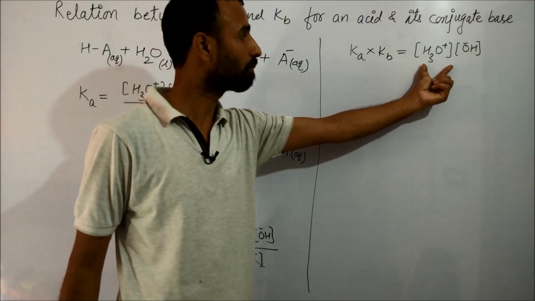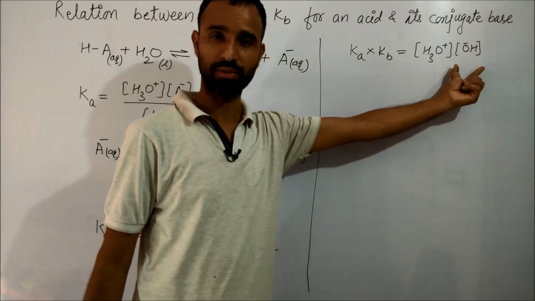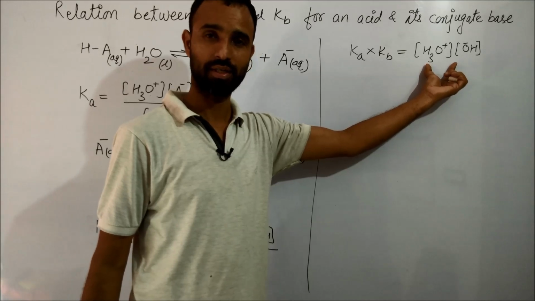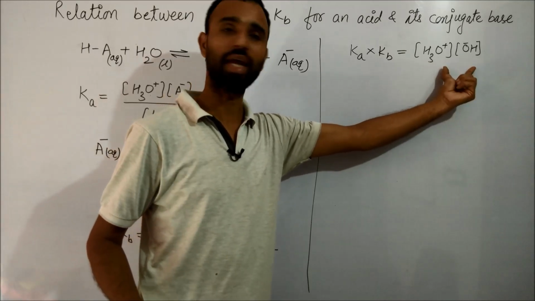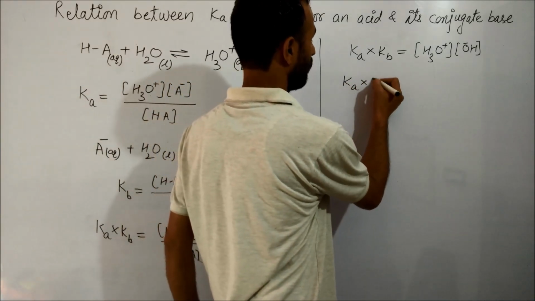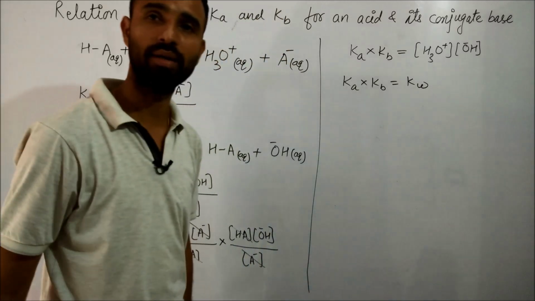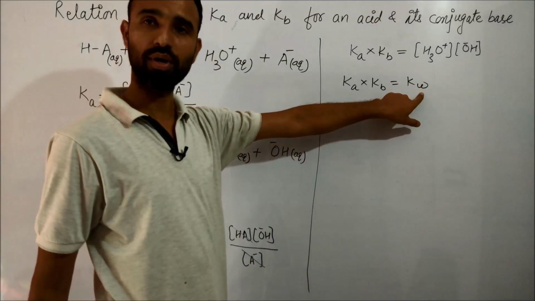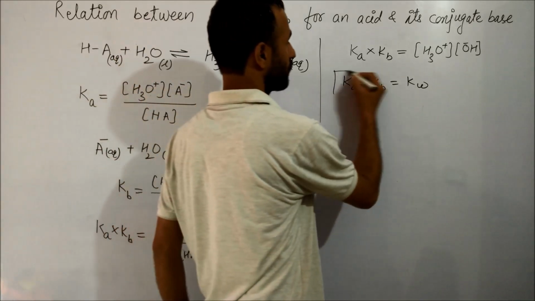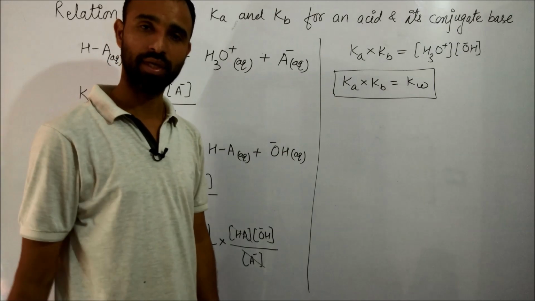Product of H3O+ and OH-. We have already done it. Yes, it is Kw. So Ka into Kb is equal to Kw, that is, the ionic product of water. So this is the relation between Ka and Kb.